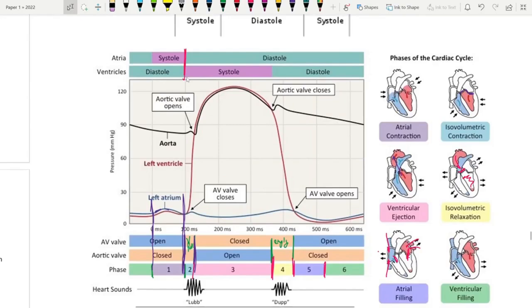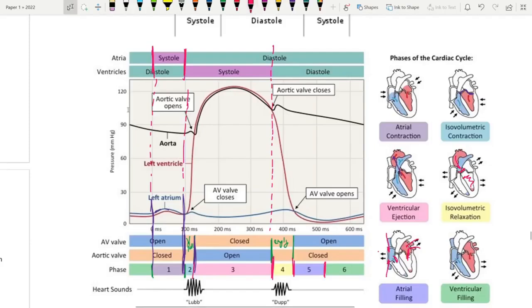So the atrial systole corresponds to this region. It corresponds to atrial contraction, and the ventricular systole will occur just afterwards and until the aortic valve closes.